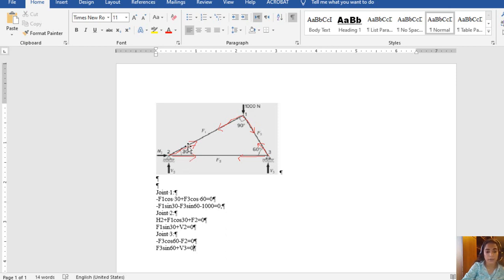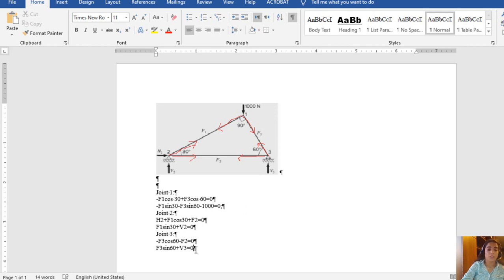And then F1 sine 30 plus V2 is equal to 0. And then for joint 3, I have minus F3 cosine 60 minus F2 is equal to 0. And then F3 sine 60 plus V3 is equal to 0.